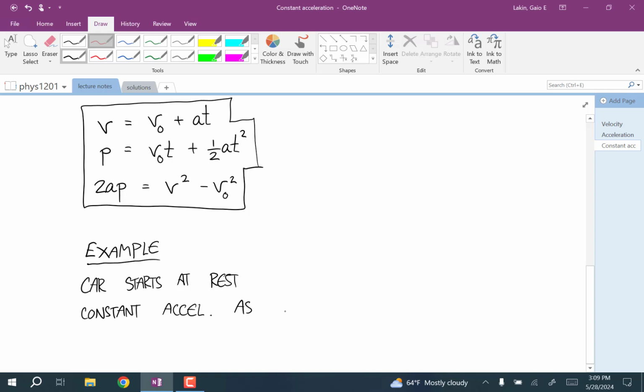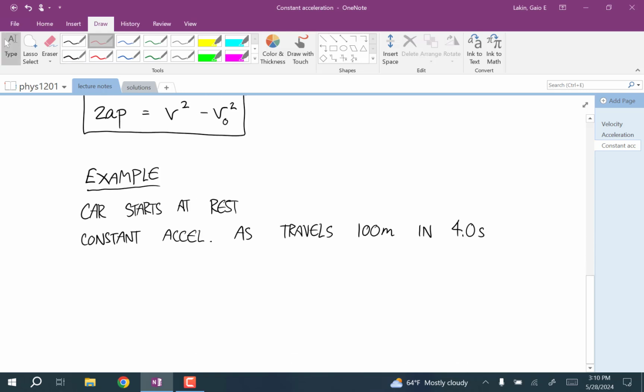And it travels these 100 meters in 4.0 seconds. And what we want to calculate is, first, what's the acceleration?